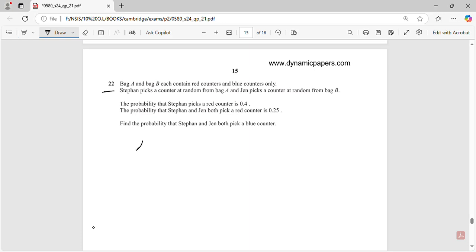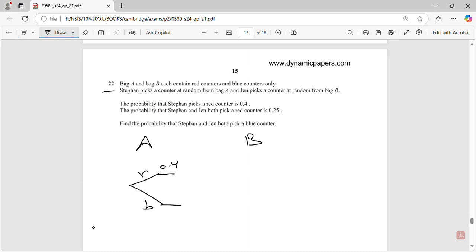Okay, we can assume that I have A and I have B, right? A has what and what? It has red and blue, right? The probability for red, he said that Stephen gets a red counter is 0.4.